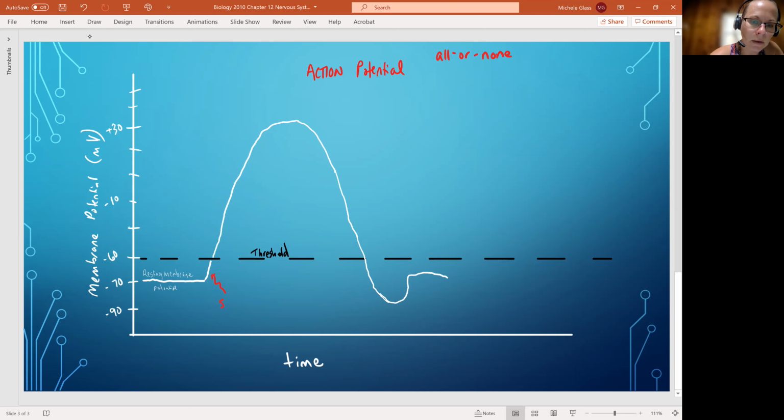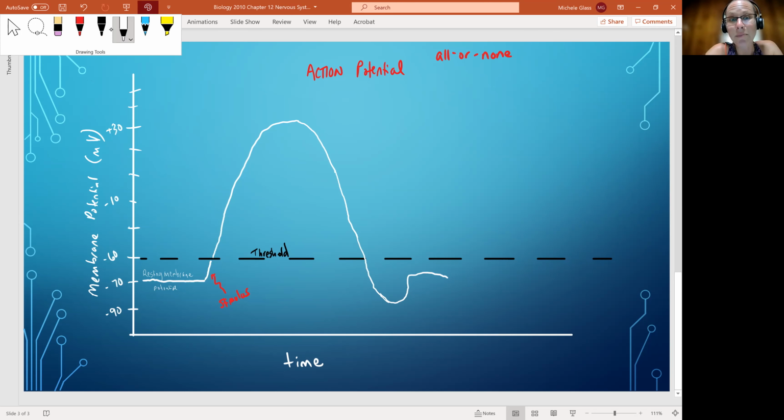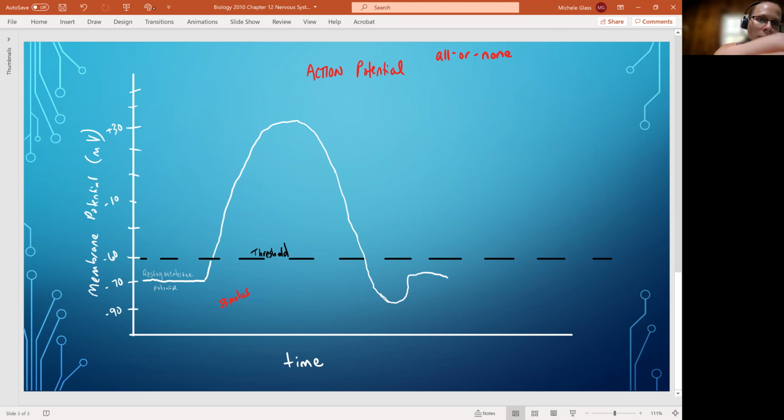We have a stimulus. And the stimulus is actually what we're going to talk about as the release of acetylcholine. So that acetylcholine then diffuses across the synaptic cleft, is binding to the chemically gated sodium channels. Let me actually change where I put my stimulus arrow.